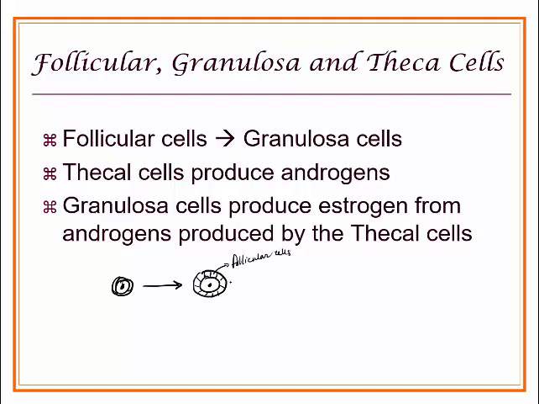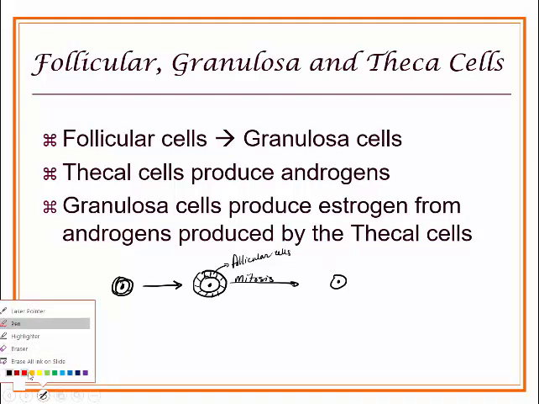Okay. Those follicular cells are going to begin dividing and doing mitosis. The daughter cells of the follicle cells are called granulosa. So now you'll have the oocyte, and the granulosa will start being produced between the follicle cell that's doing mitosis and the oocyte.